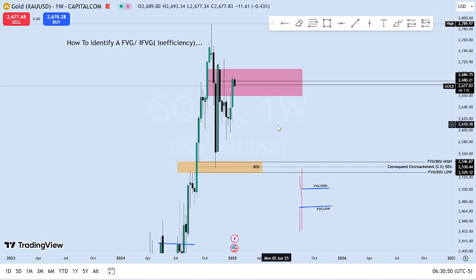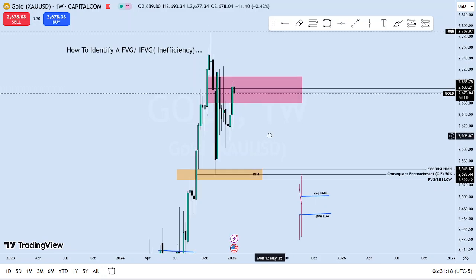If price is running up, it's going for an inefficiency or liquidity resting above. If price is trading below, it's going to seek any inefficiency, which is a fair value gap, inversion, volume imbalance, new week opening gap, or new day opening gap. All those things are inefficiency in the market.